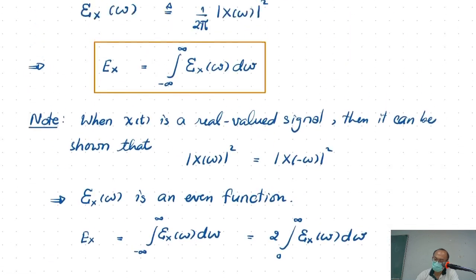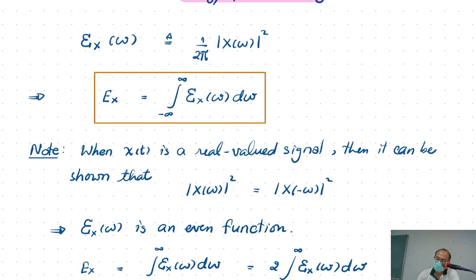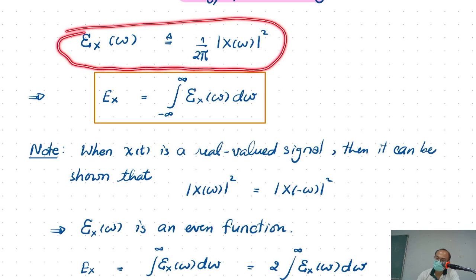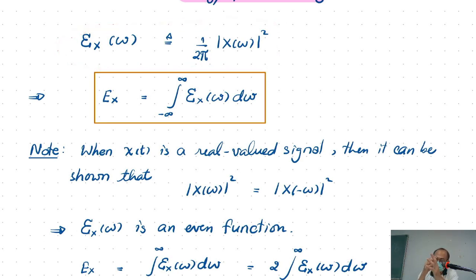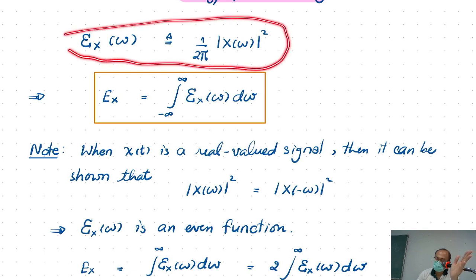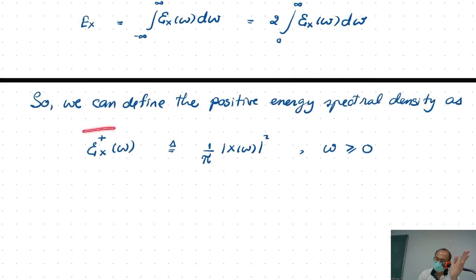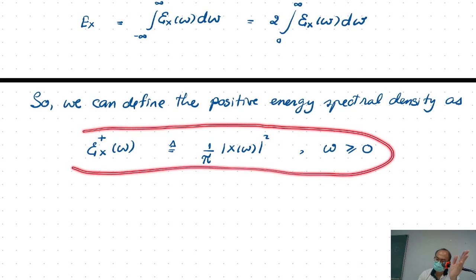So we have two definitions there. One is the general energy spectral density defined for all frequencies, and the other is defined only for positive frequencies.